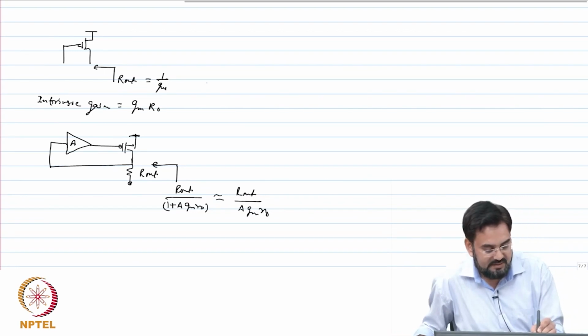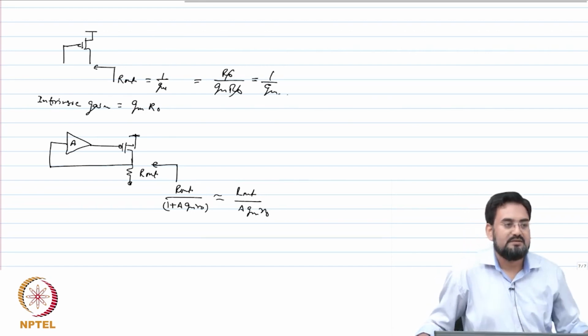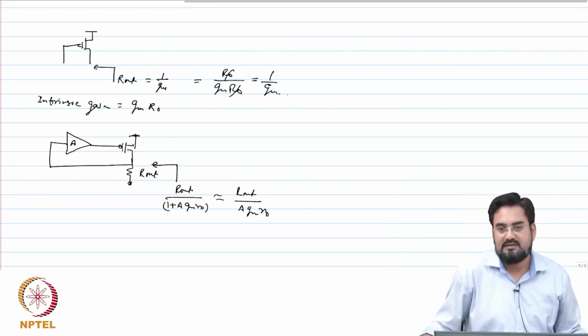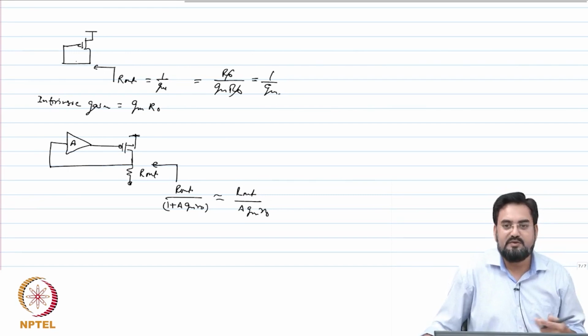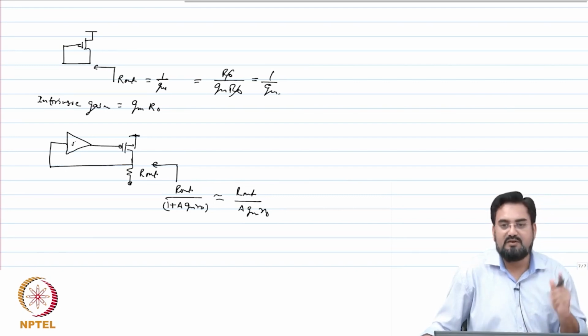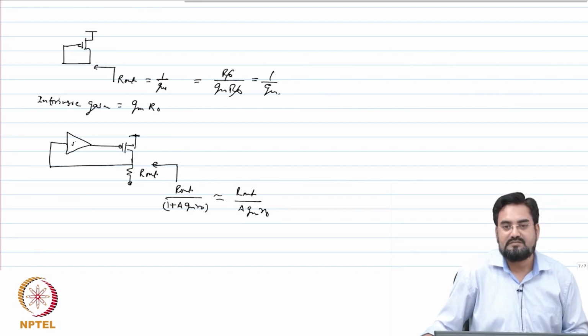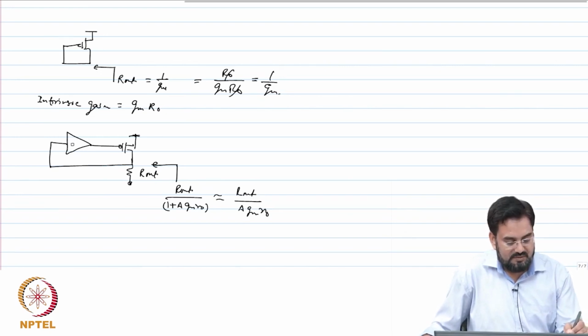So for this case, R out divided by GM R out, that gets cancelled out. Because you have a feedback, and this feedback is nothing but a unity gain feedback. So, if this A becomes 1, you will get 1 over GM. Okay. So, that is what is happening here.